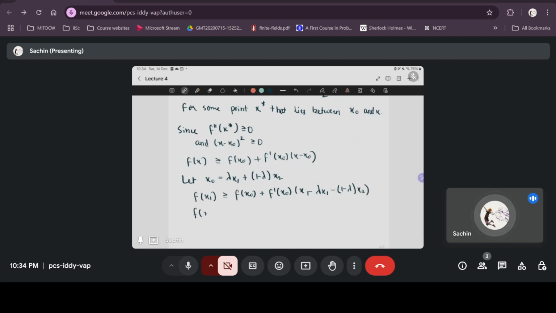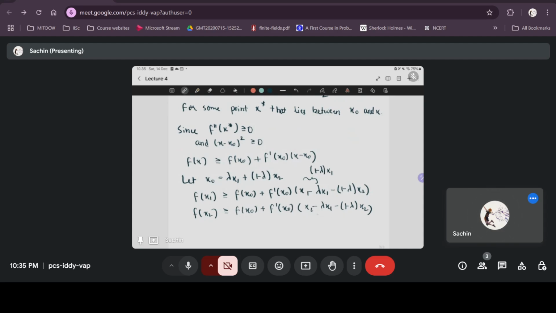If we evaluate it at x2, we get f of x2 greater than or equal to f of x0 plus f prime of x0 into x2 minus lambda x1 minus 1 minus lambda x2. So here you can write the two terms as 1 minus lambda x1. Then you can take the 1 minus lambda common to write that as 1 minus lambda times x1 minus x2.